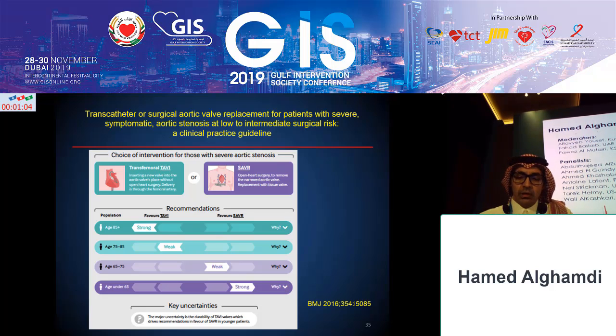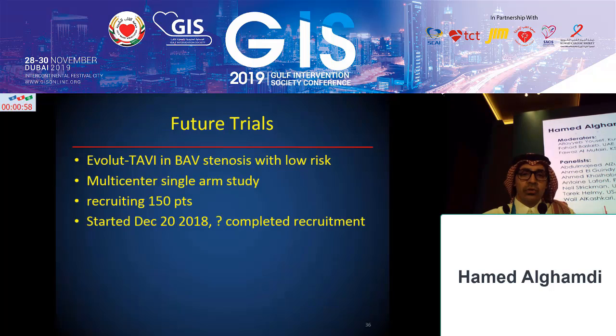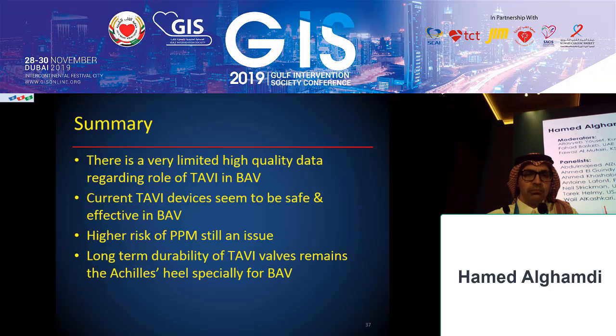That's not specific to bicuspid, it's in general, but obviously most bicuspid valve patients would be in that age group. We don't have any big trial, as I said. There is a single-arm study, which is probably going to report its result early next year, that recruited only bicuspid aortic valve patients.